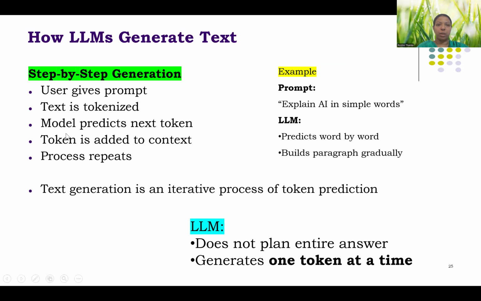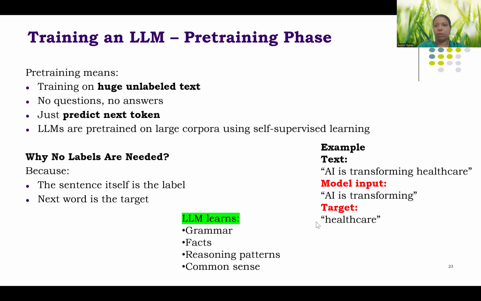That's how it continues. This process keeps repeating again and again, so text generation is an iterative process. As I said, it will first predict, for example, "AI is," then it will predict "transforming." Then this "transforming" will also be considered as part of the text. So "AI is transforming," then it will predict "healthcare."